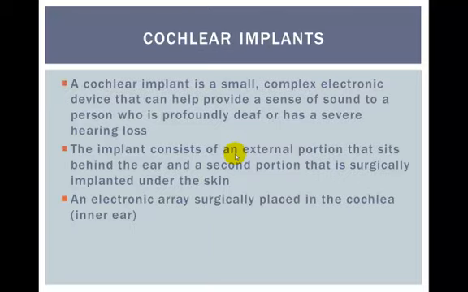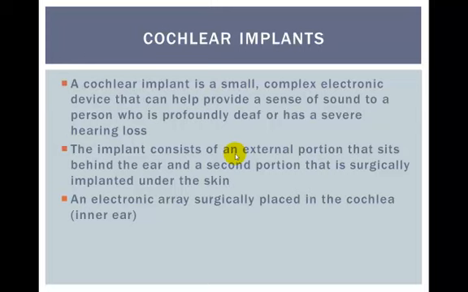All right, let's talk about cochlear implants. This is really just giving you the basics. A cochlear implant is a small, complex electronic device that can help provide a sense of sound to a person who is profoundly deaf or has a severe to profound sensory neural hearing loss.